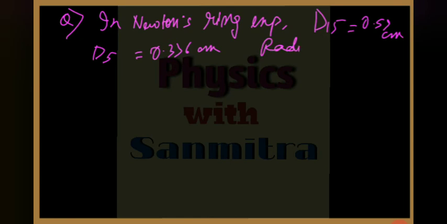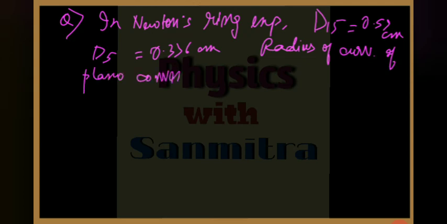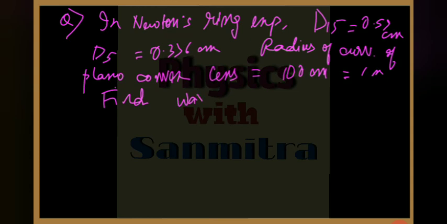The radius of curvature of the plano-convex lens, just below which this is happening, is given as 100 centimeter, or we can say 1 meter. Find the wavelength of the monochromatic source.